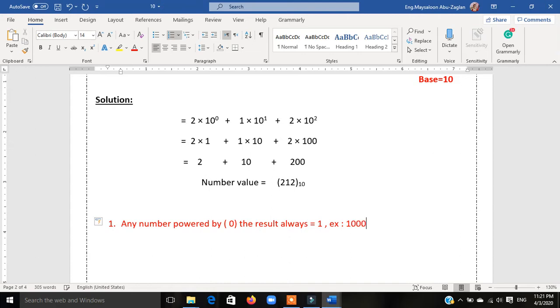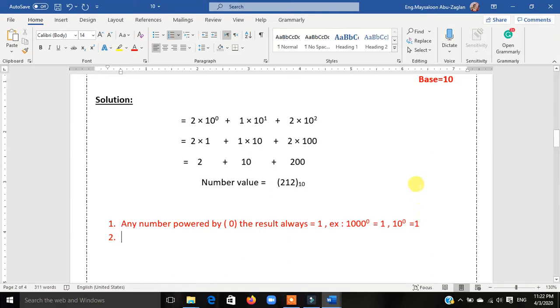Example: 1000 powered by 0 is equal to 1. Another example: 10 powered by 0, the result will be 1. Any number powered by 0, the value will be equal to 1.